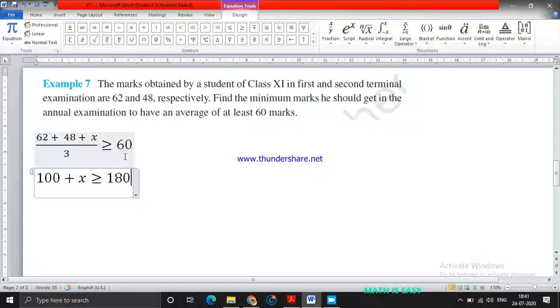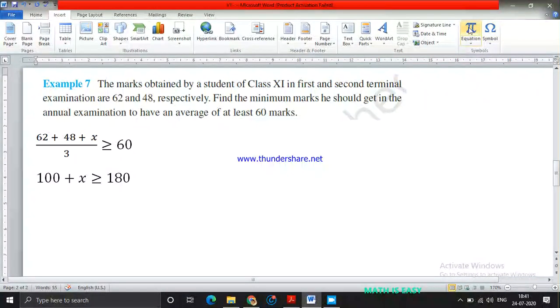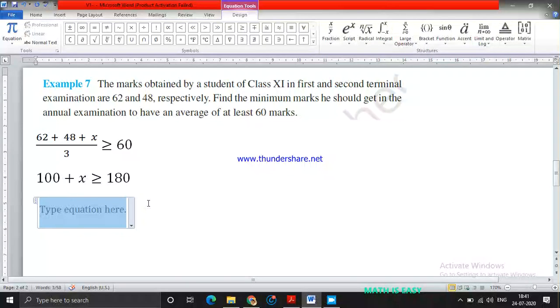Why 180? I'm multiplying by 3 on both sides, so this 3 will get cancelled. 60 into 3 is 180. So next step, X is greater than or equal to 80.